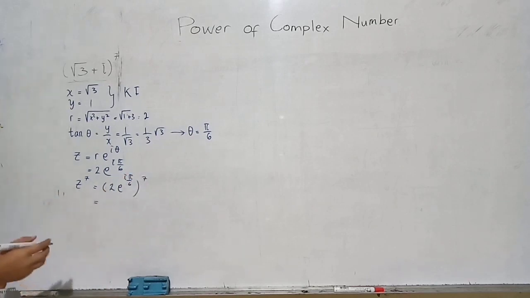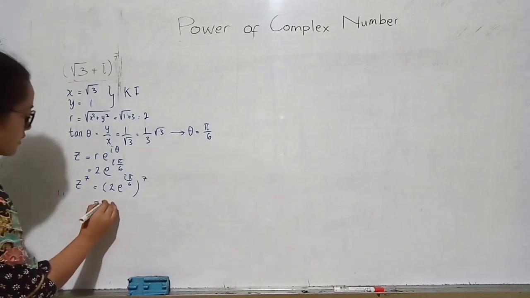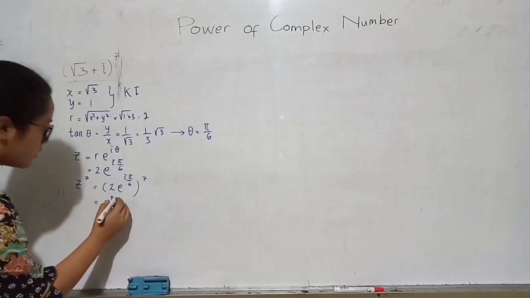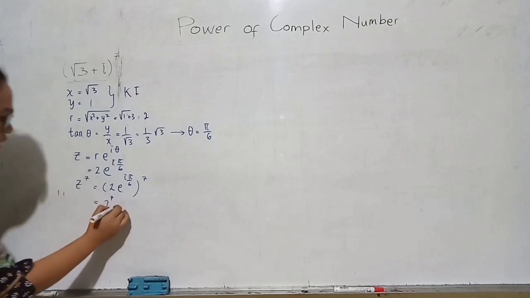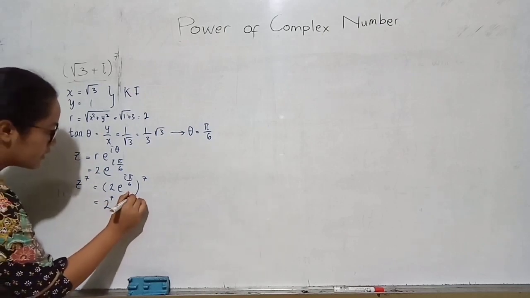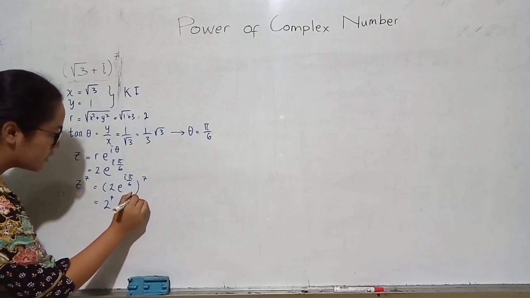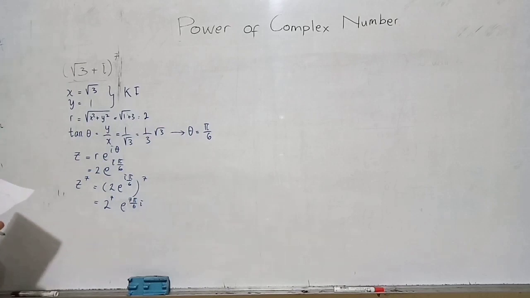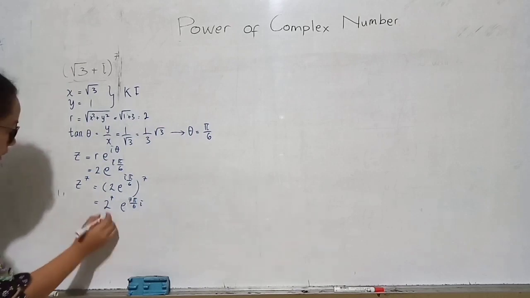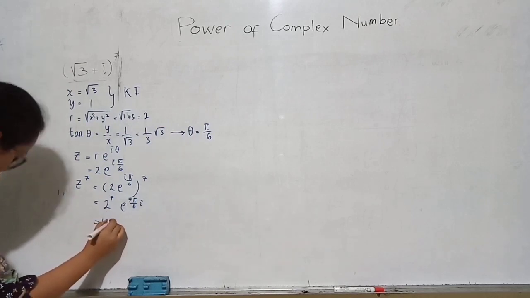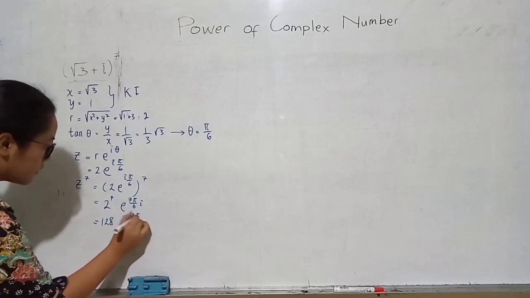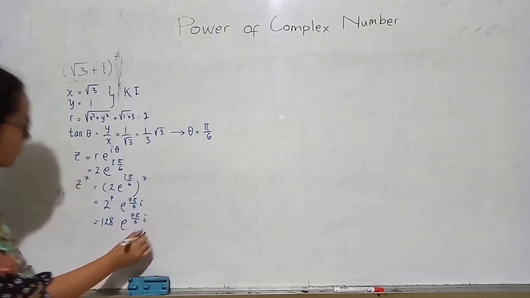And then we apply the formula that we already learned before. It's just apply the 2 power 7 times exponential 7 pi over 6 i, and then it becomes 128 exponential 7 pi over 6 i.